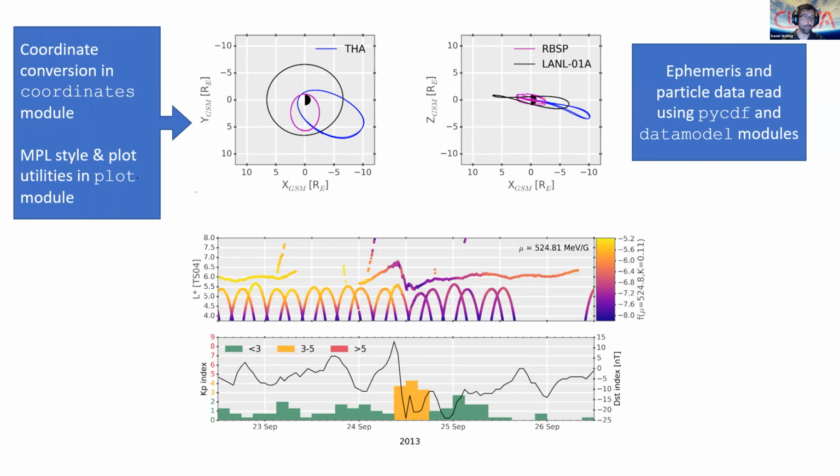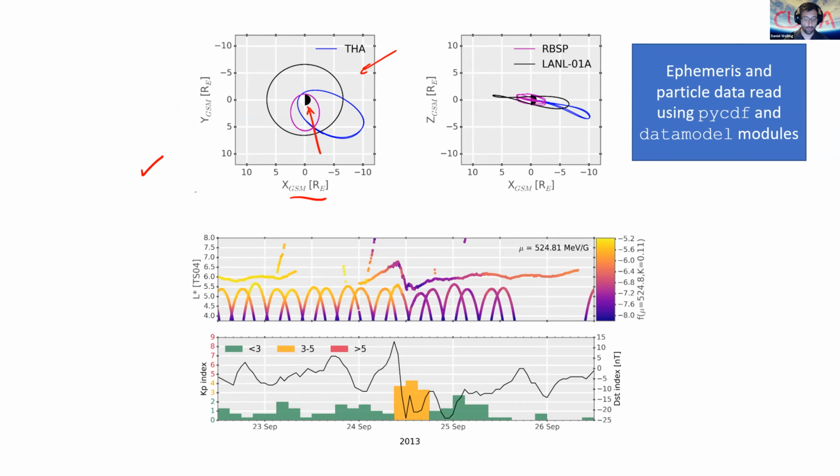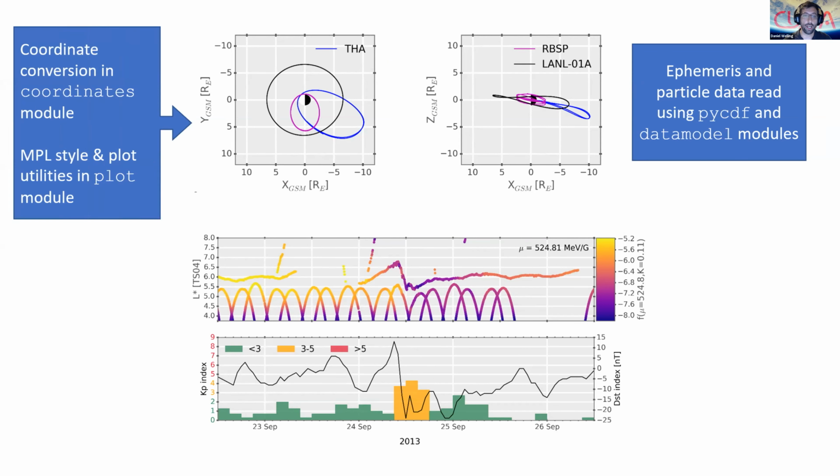We have a lot of plot utilities in the appropriately named plot module, including a matplotlib style that increases the default font size, sets the background to this gray and white scale back there, sets colorblind friendly colors and color maps, and has a whole lot of convenience functions like placing a day-night Earth into view like so.